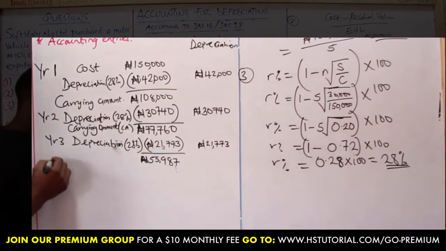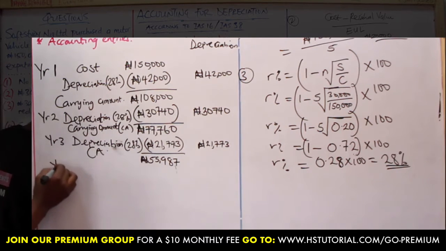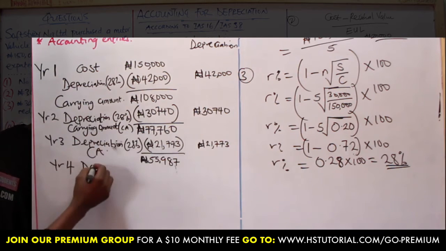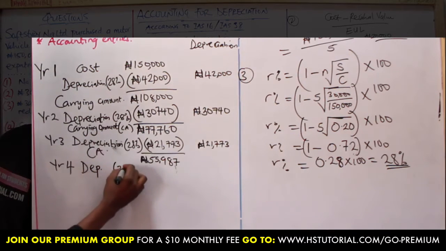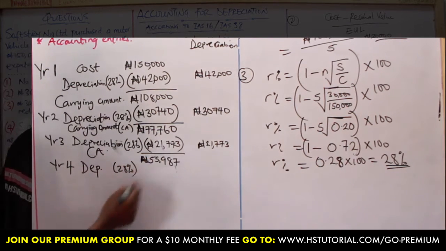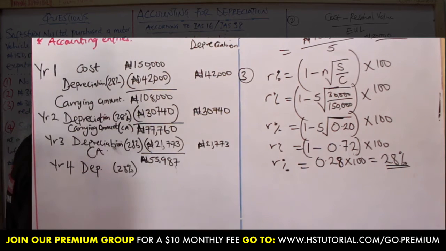Then for the fourth depreciation as well, you will have to write CA here. Then for the depreciation in year 4, you apply your 28% to the new carrying amount, which is 55,987.